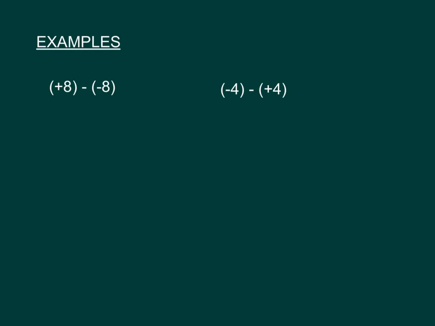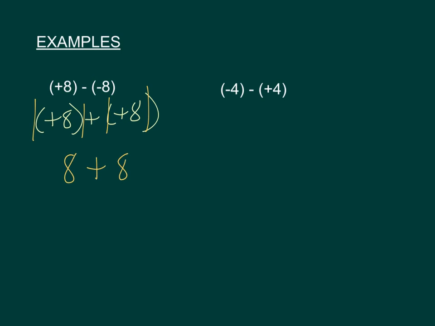I've got positive 8 minus negative 8, so I stay, change, change. Signs are the same. Find the sum. So I've got 8 plus 8 is 16. And of course, they are the same, positive and positive, so my answer would be positive 16.